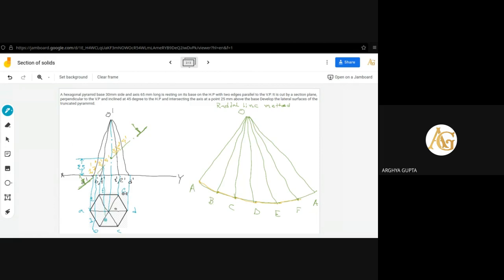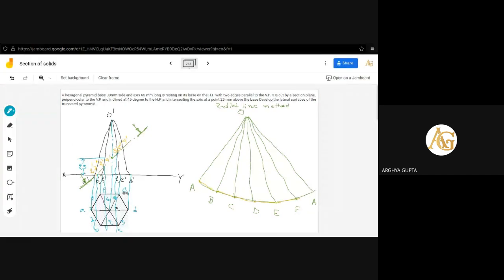So that point will be 2 and this point will be 6. Again 3 and 5, draw projection lines from 3 and 5. So this point is 3 and this point is 5 and 4. 4 will be on OD. Up to OD I have to draw.